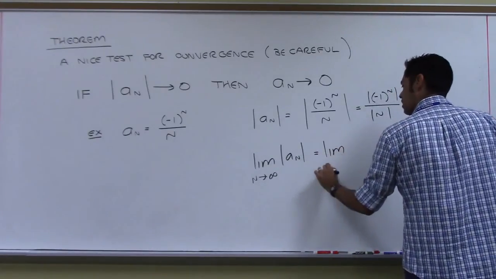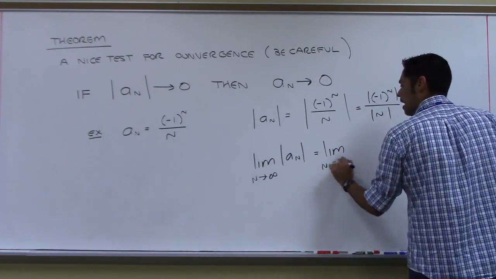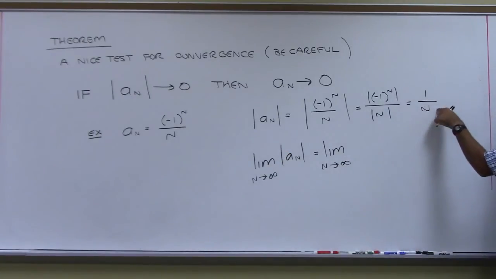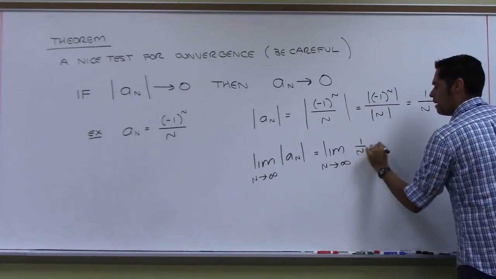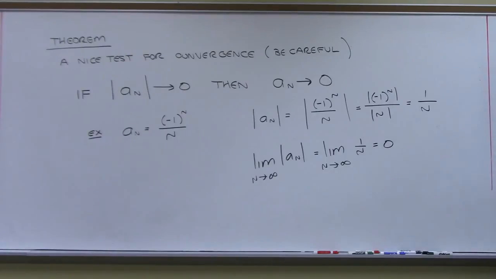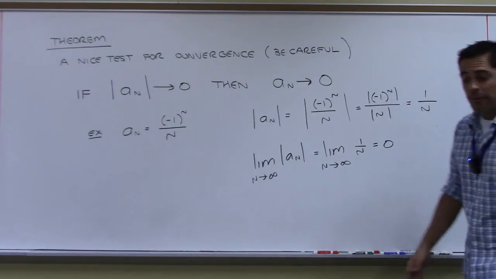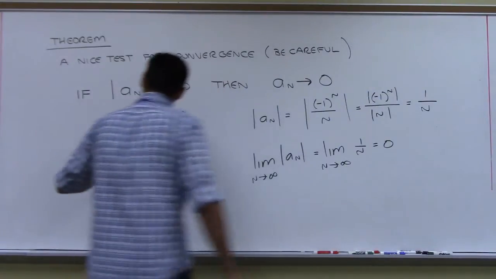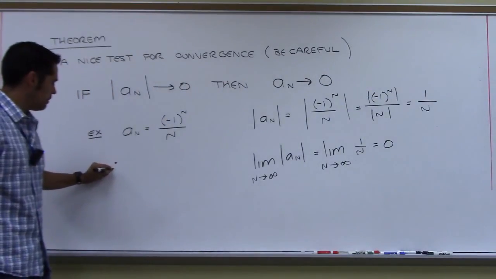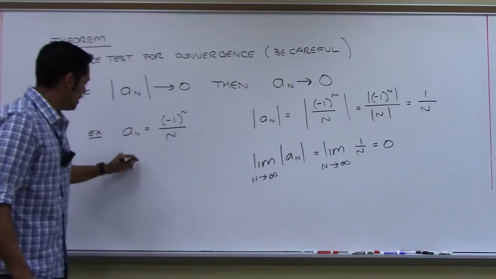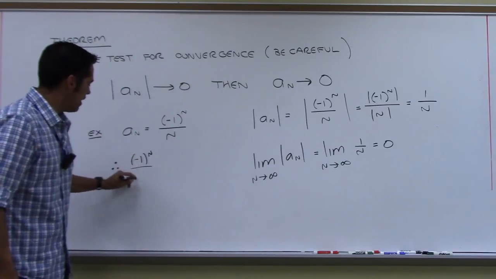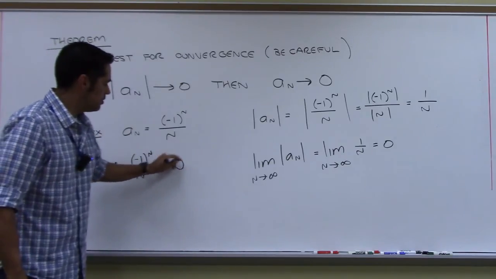This is the limit as n goes to infinity. What was the absolute value of a sub n? 1 over n. And that goes to 0, right? Therefore, -1 to the n over n goes to 0.